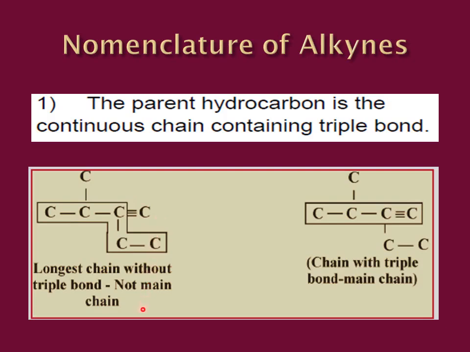Instead, I am going to select this chain which includes my triple bond, 1, 2, 3 and 4. I am going to select this as my main chain because it contains the triple bond.